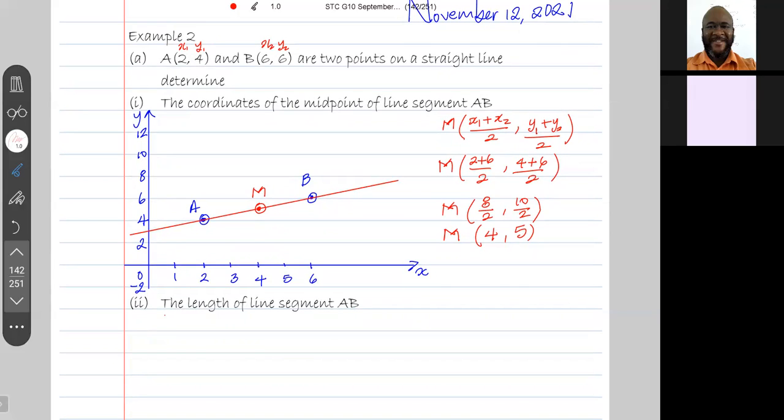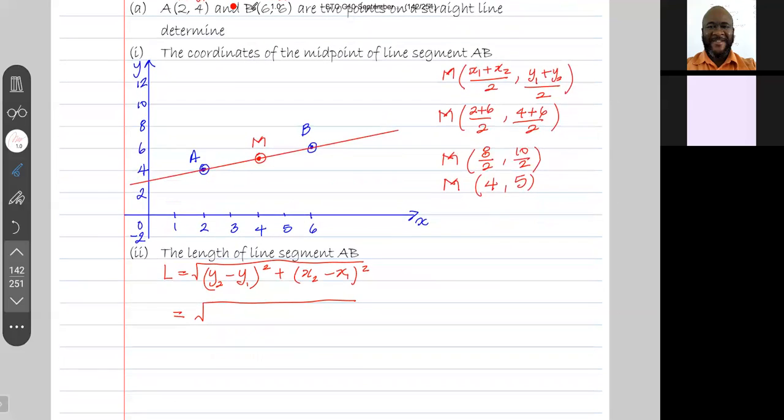The formula is L is equal to the square root of (y2 minus y1) squared plus (x2 minus x1) squared. This would be the square root of (y2, which is 6, minus y1, which is 4) squared, plus (x2, which is 6, minus x1, which is 2) squared.